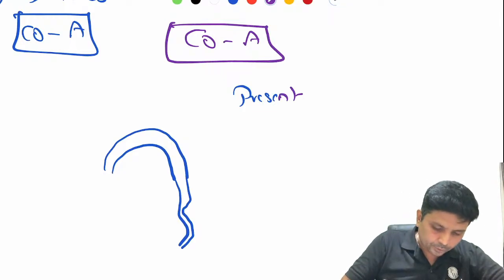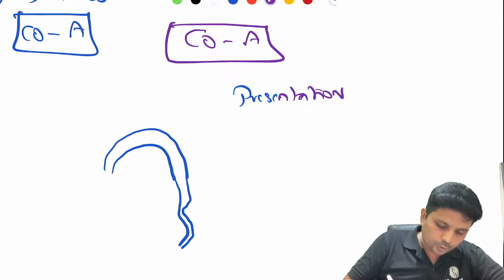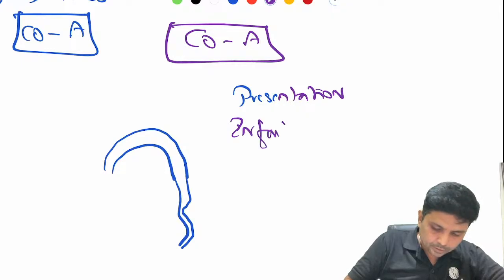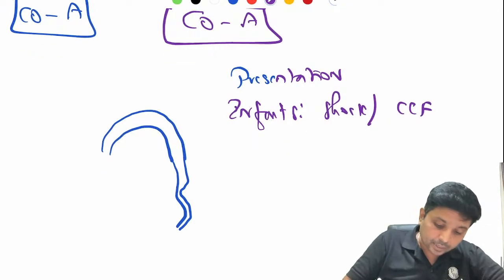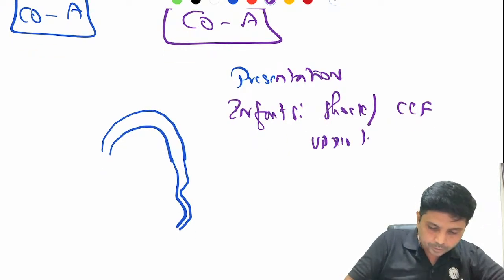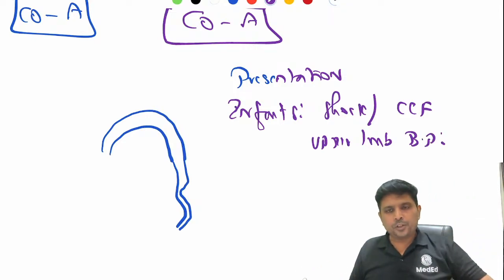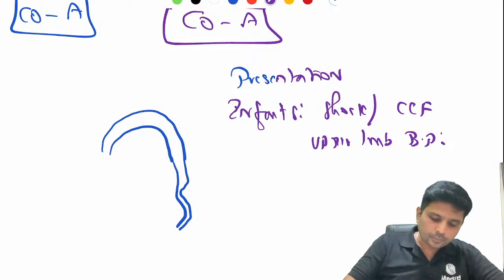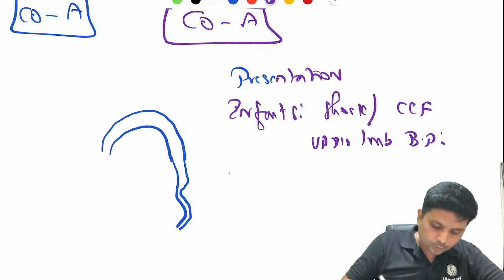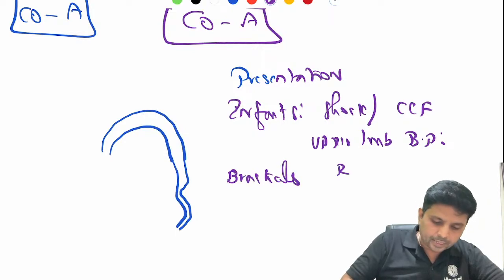It can present in infants as shock, or as CCF, or else as upper limb hypertension. Okay, right. So what is the clue? Brachials on the right and left sides are present, but femorals will be weak.